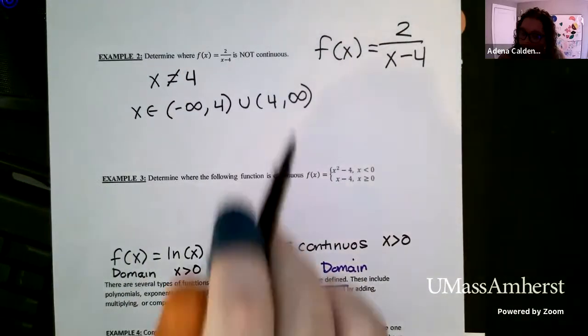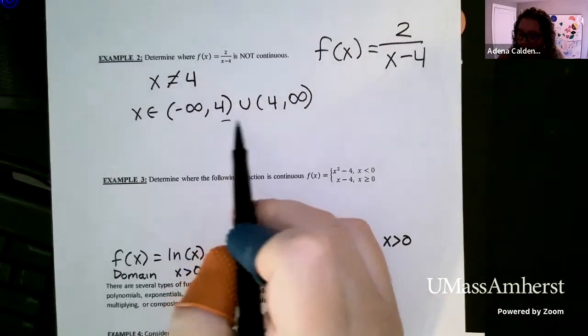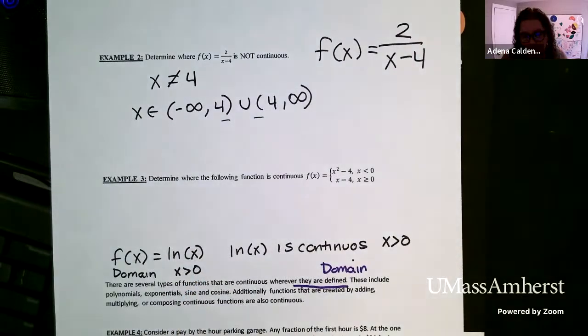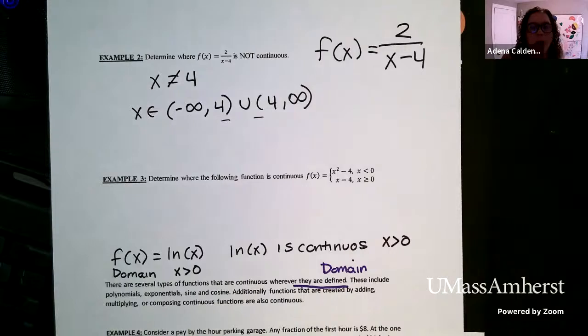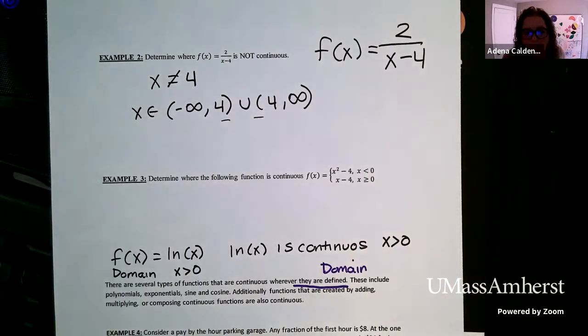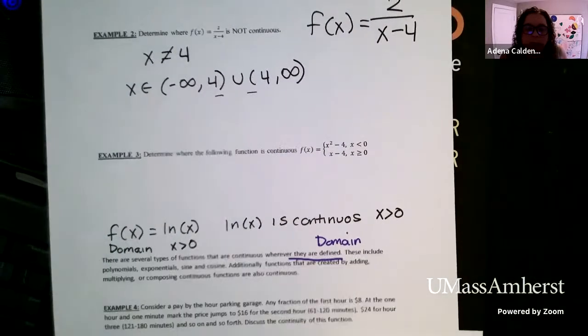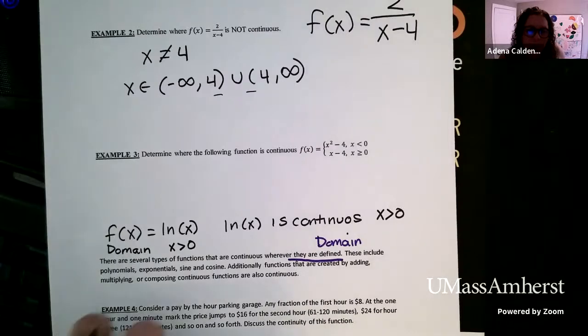Right? So this is everything but 4. These open brackets are going to be what takes 4 out of the running. So either one of those could represent where this is not continuous, because again, this is based on where it's defined.